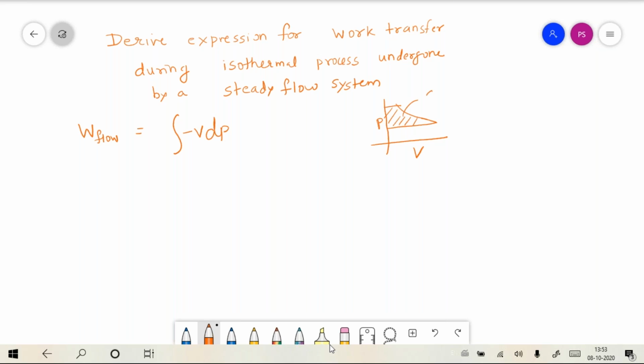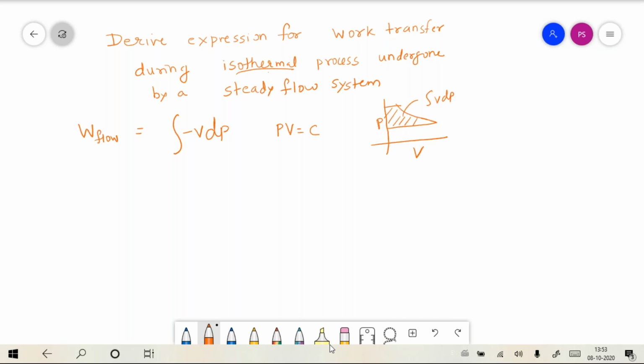So again, what we'll do is that we know PV is equal to constant because the process is isothermal. It will follow this law. So V is equal to C upon P. So this becomes, let us say, from 1 to 2 you are integrating minus dP by P into C. So C I will take outside the bracket.